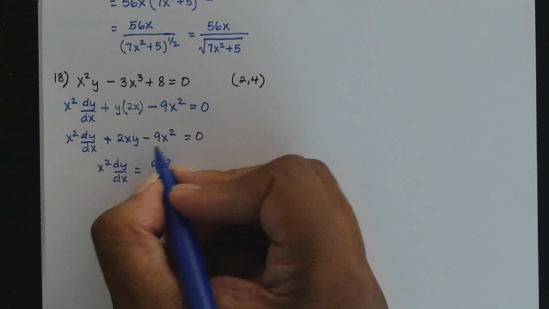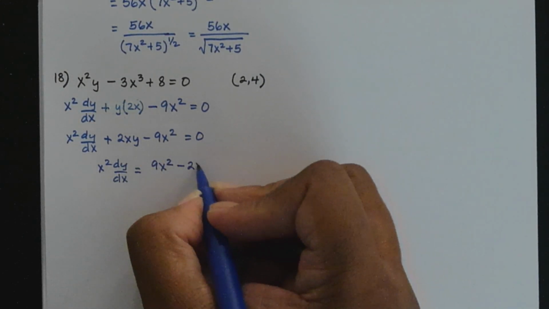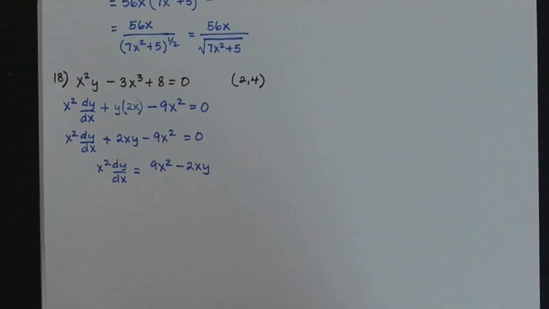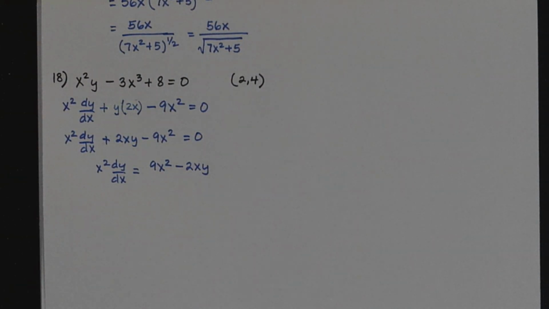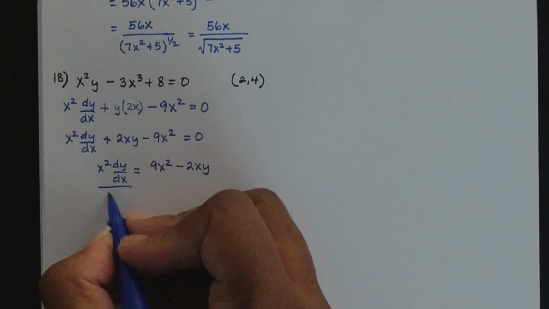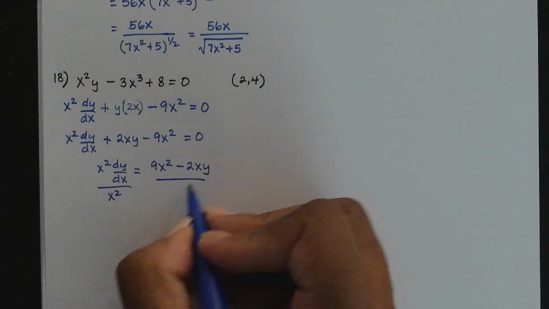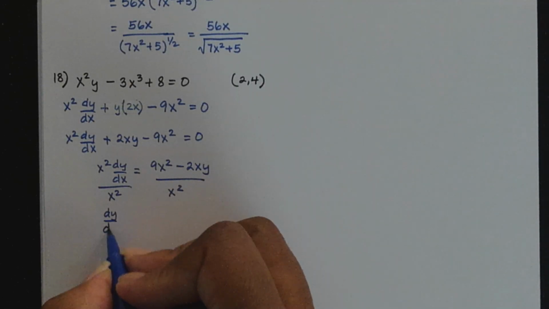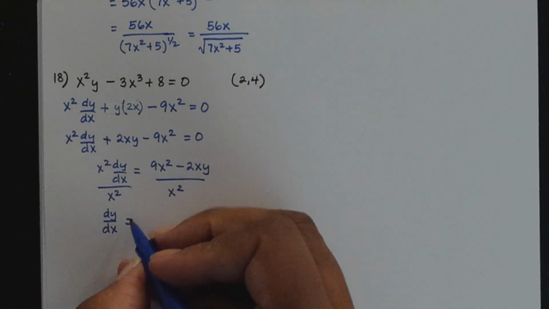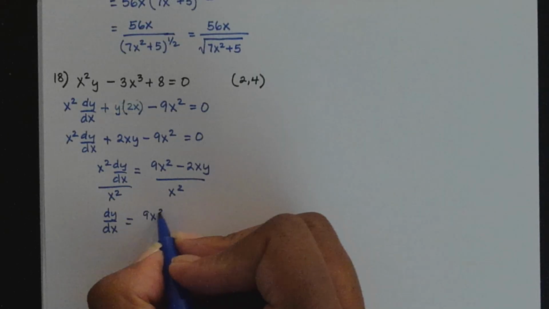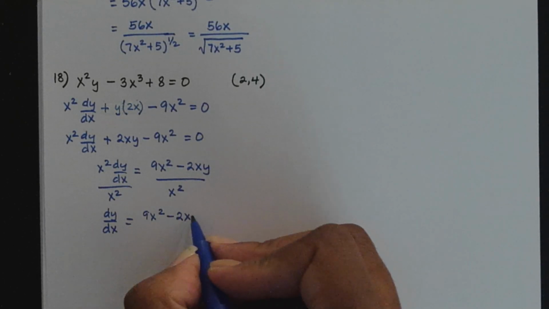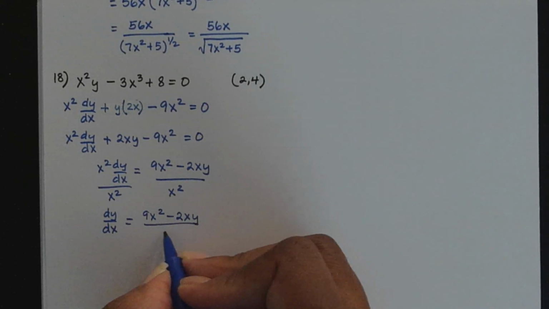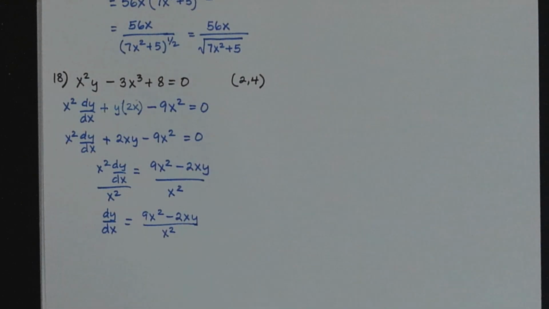And if I move that 2xy over to the other side, it'll be minus 2xy. So I got 9x squared minus 2xy, and that's equal to x squared dy/dx. Then I can divide both sides by x squared to get dy/dx by itself. So that means dy/dx is equal to 9x squared minus 2xy, whole thing divided by x squared.